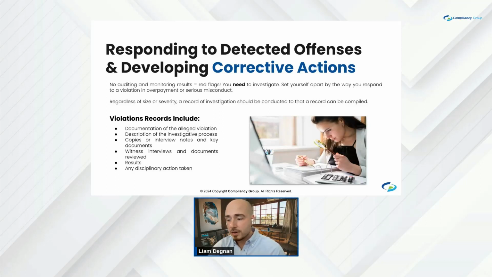And that is another area, the way that you typically get on the OCR's radar or the DOJ's radar is as a result of an incident. And if you're not properly categorizing things, if you're not properly documenting things, it can get you into trouble. If there's no disciplinary action taken, if you're not able to show a clear log of the steps that you took in your investigation, all of that stuff can come back to haunt you.